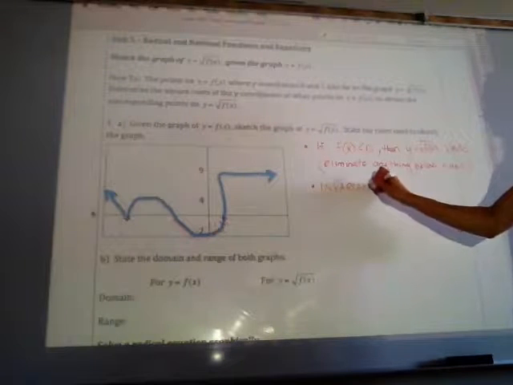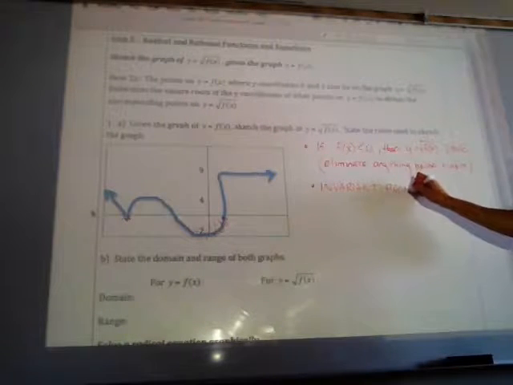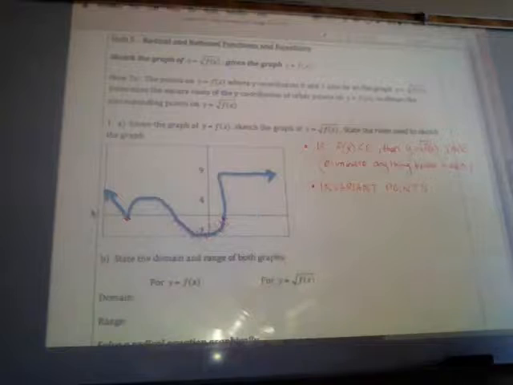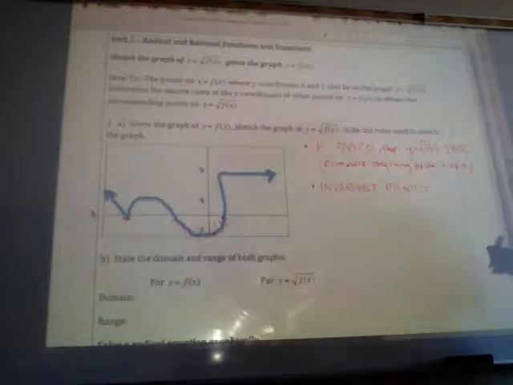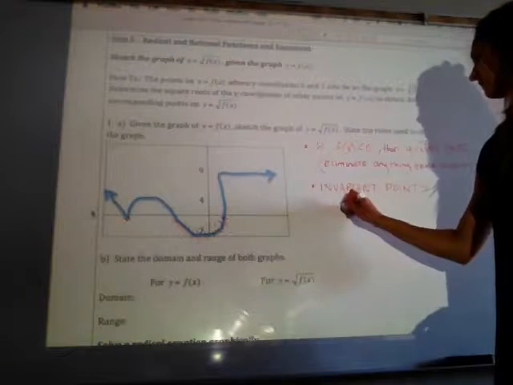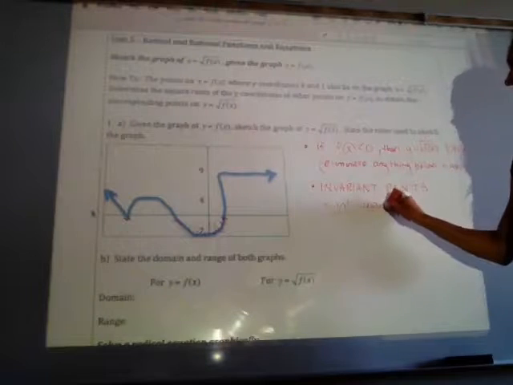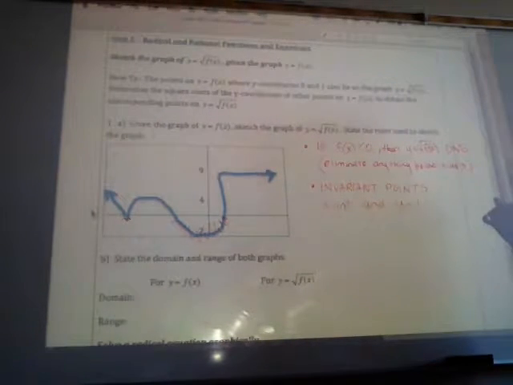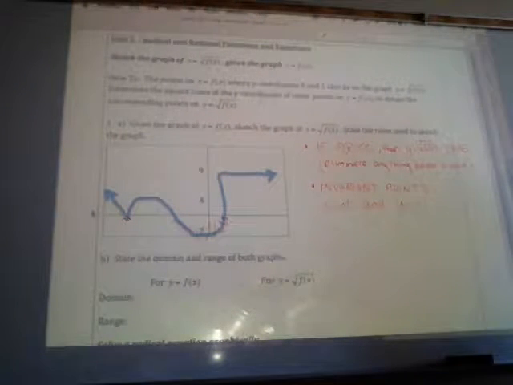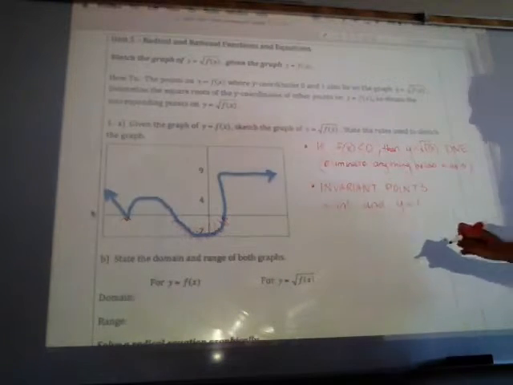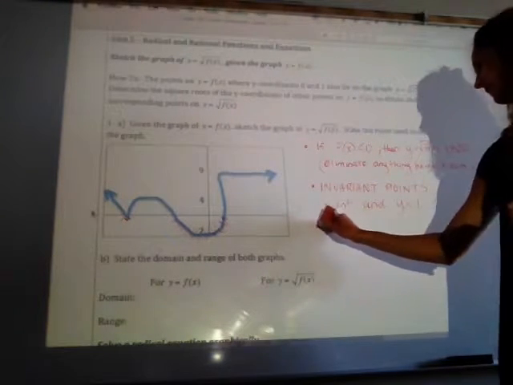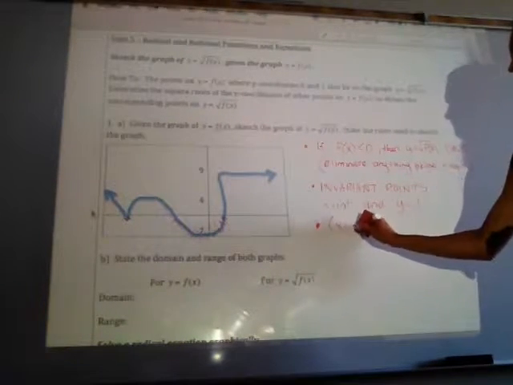Invariant points. Okay, invariant points will exist at your x-intercepts and when y is equal to 1. I'll just explain that a little bit further with the point mapping.